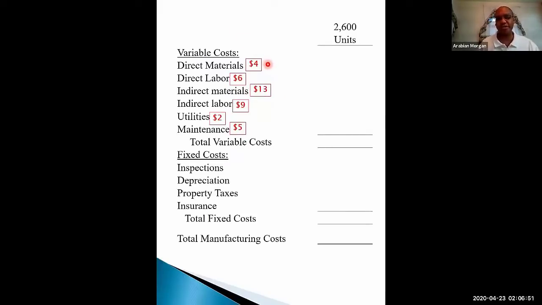That'll give you direct materials. 2,600 units times $6. 2,600 units times $13, so forth and so on for these variable costs. The fixed costs are just going to be the same as in the 2,500 unit column. Those don't change with the activity level. I'll give you some time with that.